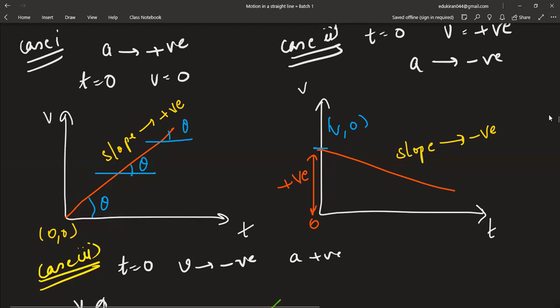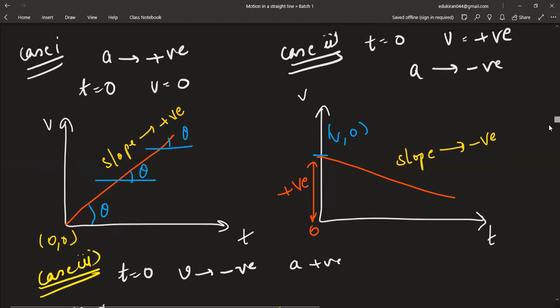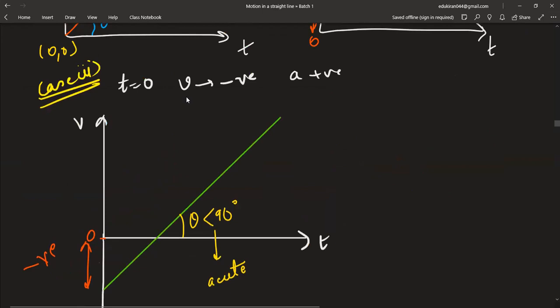Fine, class? Look at one more, just one more. Time is 0 this time. Velocity is negative. Acceleration is positive. The portion that we were drawing above the axis would now be below the axis.